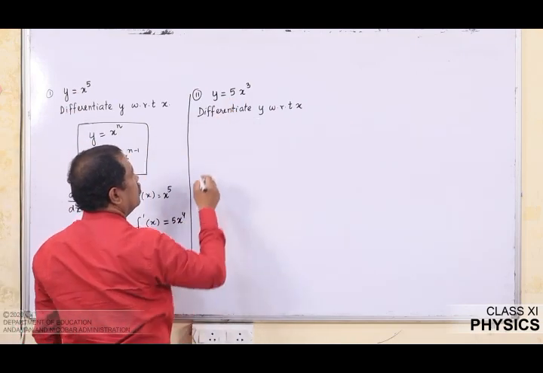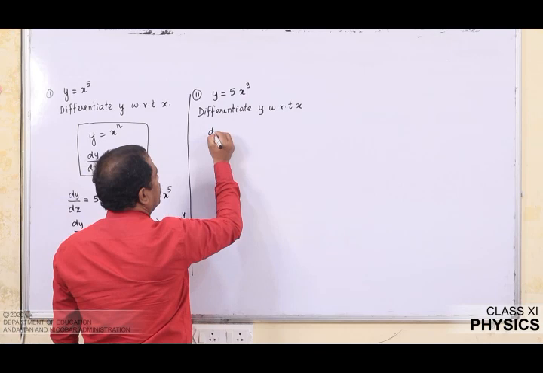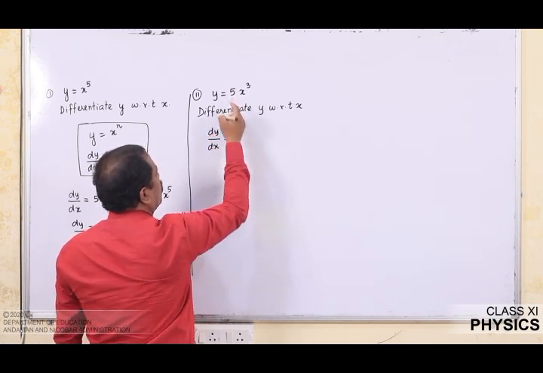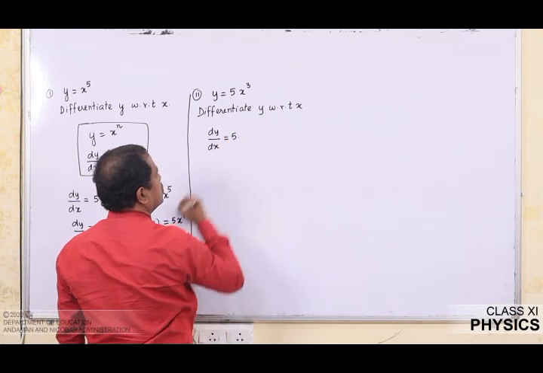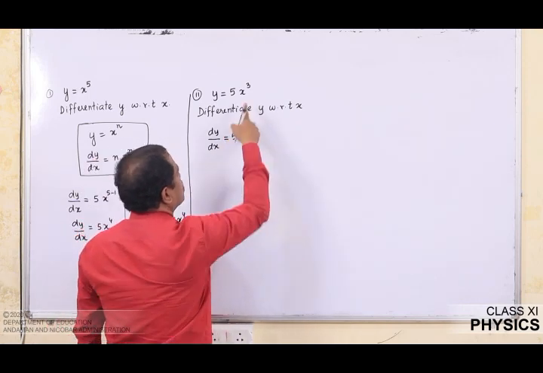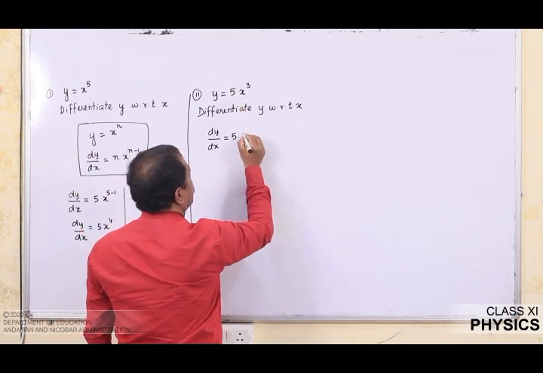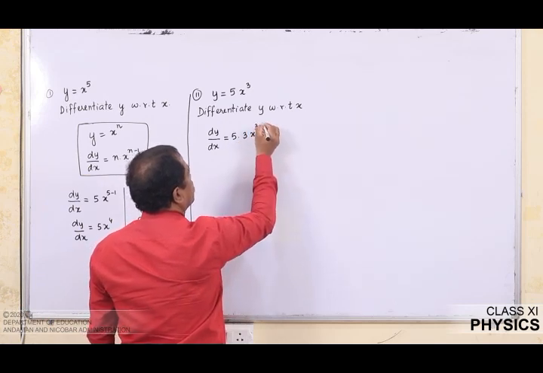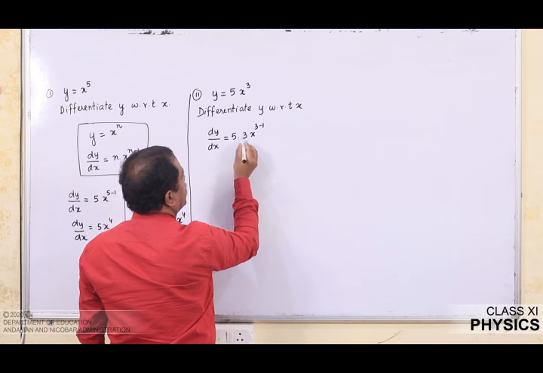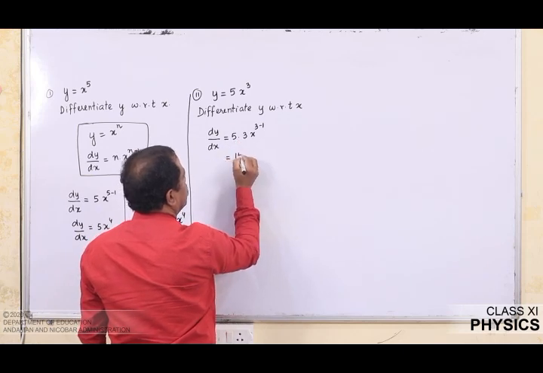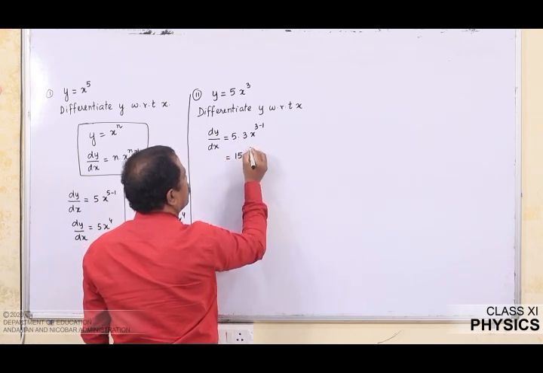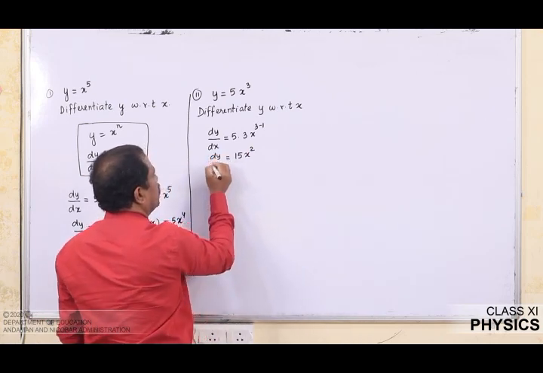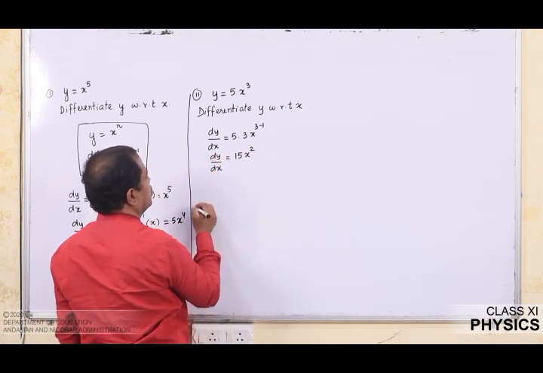So, to differentiate, dy over dx is equal to the constant as such, times the power brought to the front, x power minus 1. So, 5 times 3 is 15 x power 2. This is the differentiation of y with respect to x.